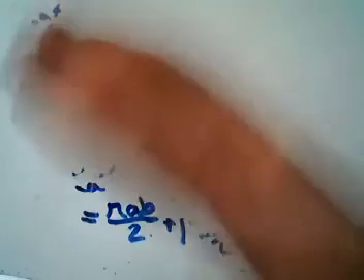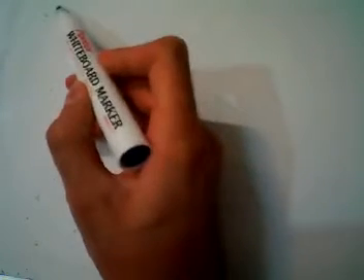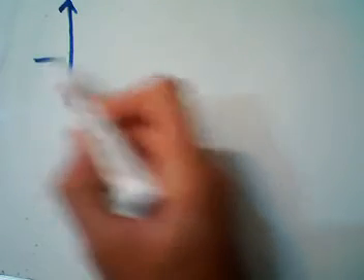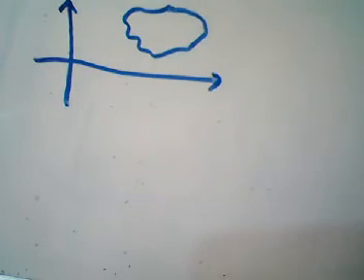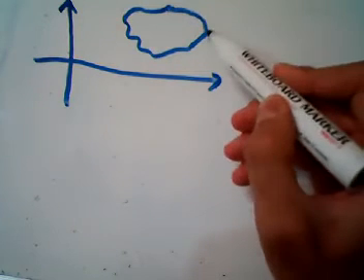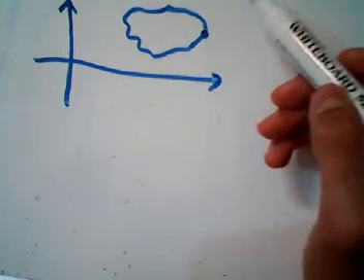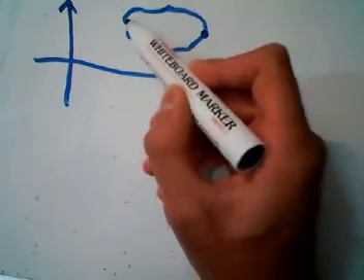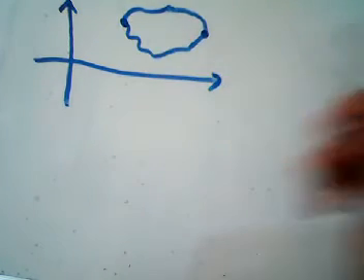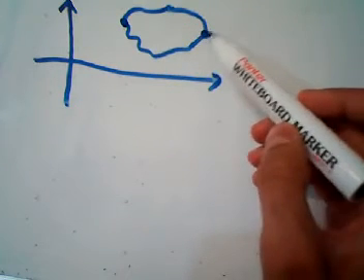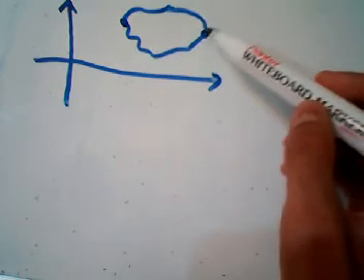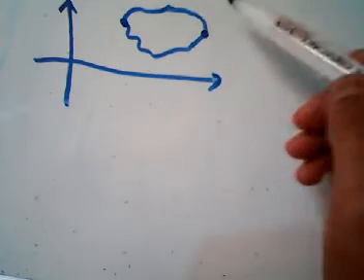And you know, generally, if we have a figure like this, for instance, we should find two points which divide the boundary of that figure into two curves which are functions.